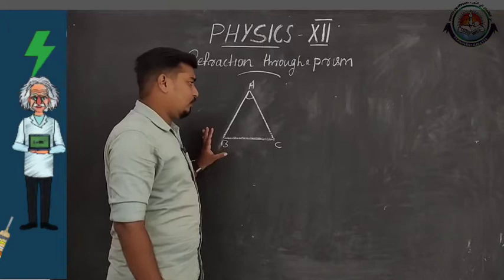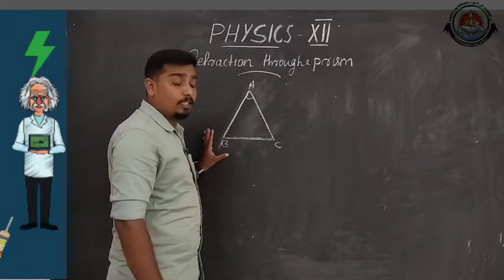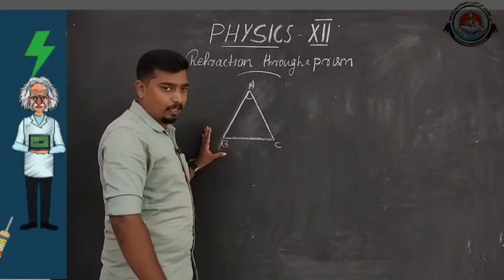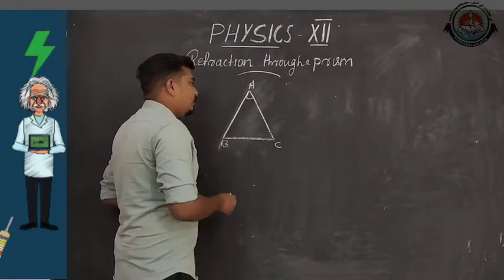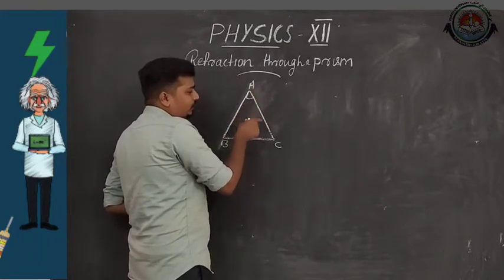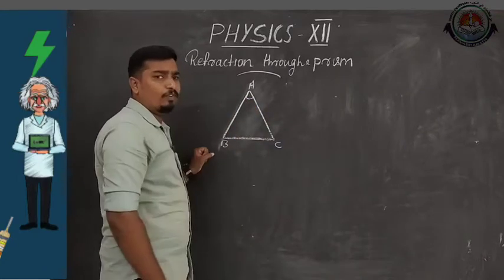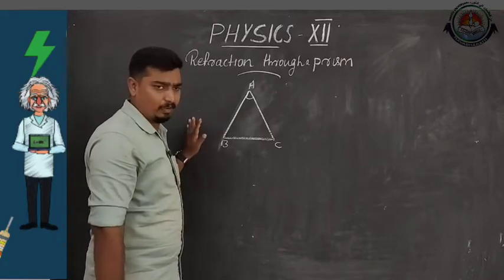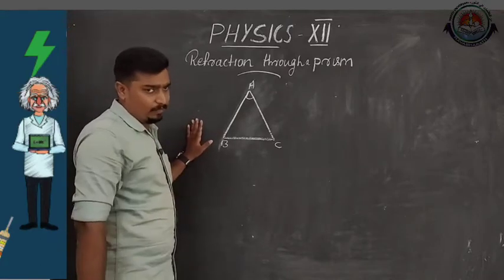Prism is a homogeneous transparent medium bounded by two inclined surfaces, and the angle between these two inclined surfaces is called the angle of prism, represented as A.